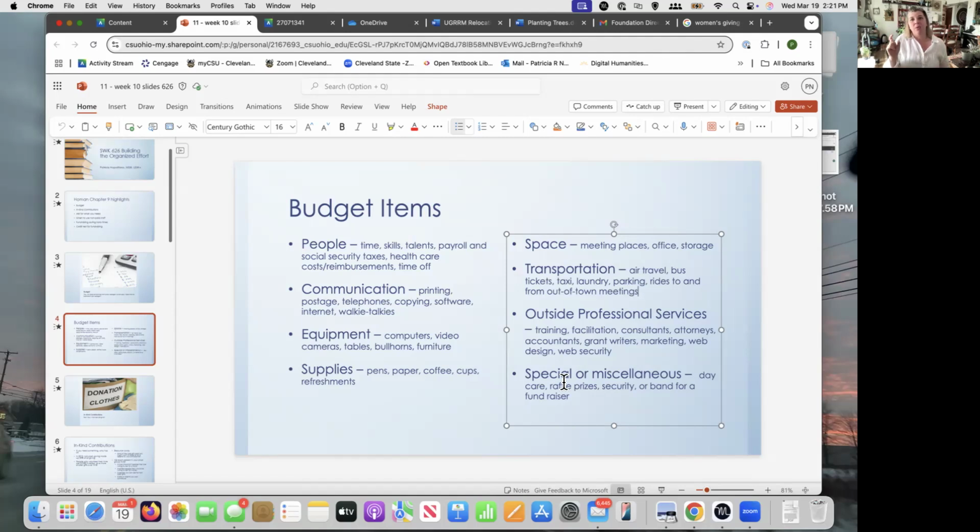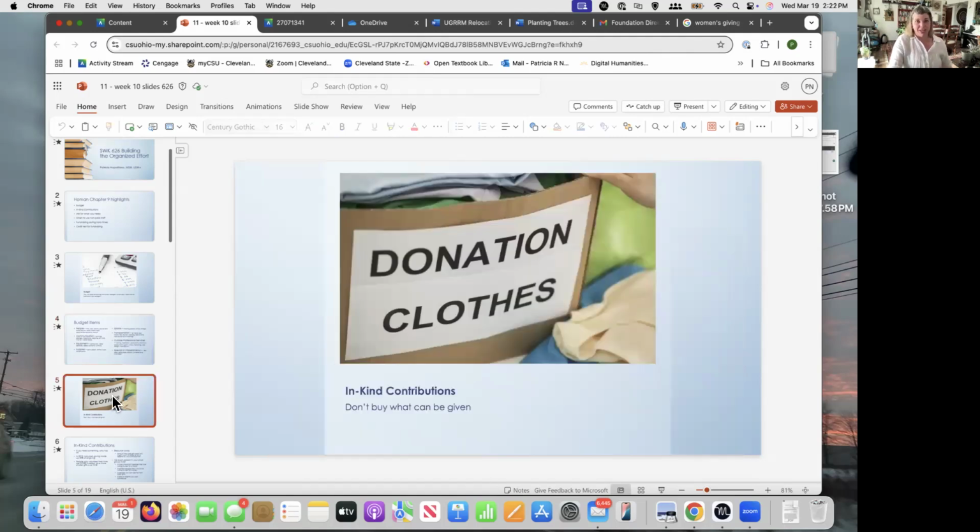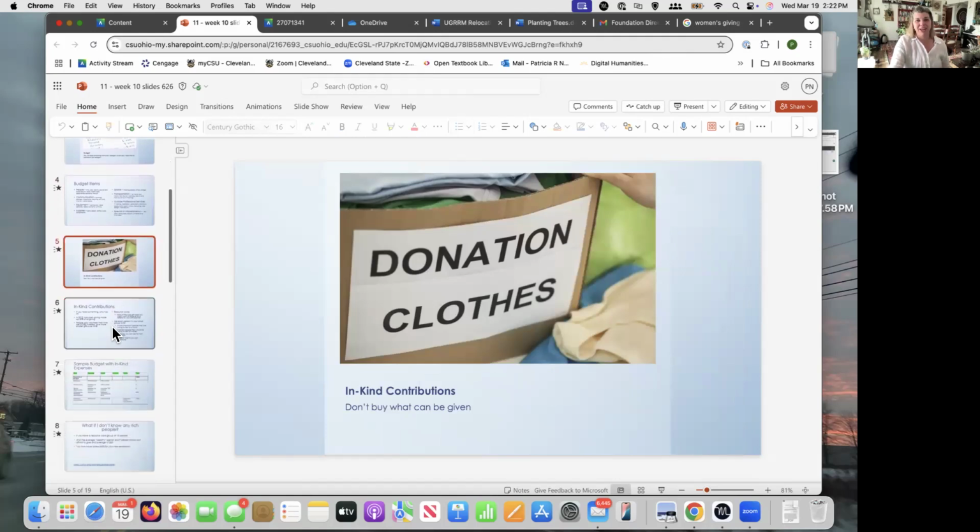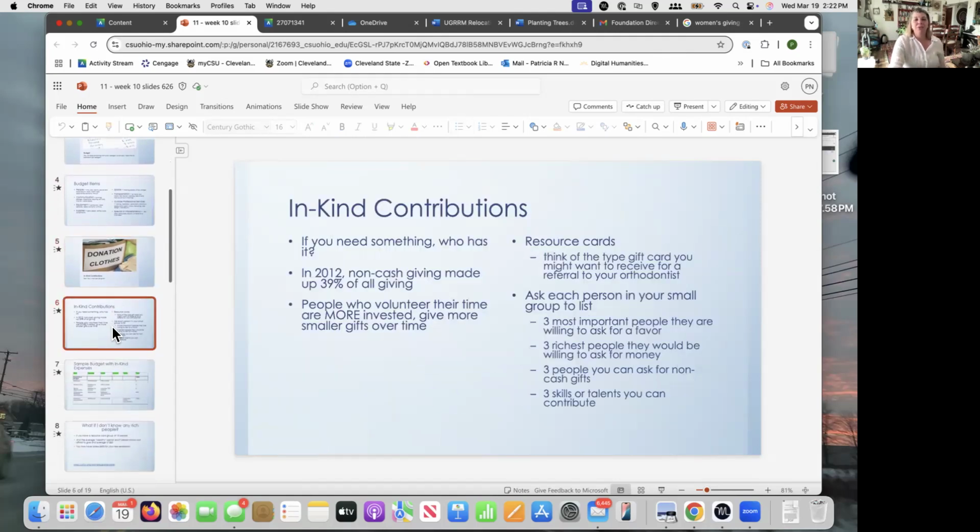The big win for a gala is that you have gained attention, volunteers, and donations along the way. Don't buy what can be given. If you need something, find someone who already has it and is looking to get rid of it.